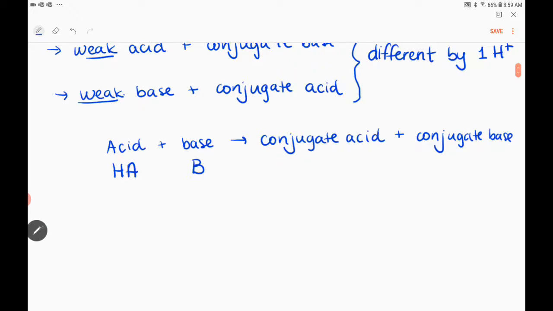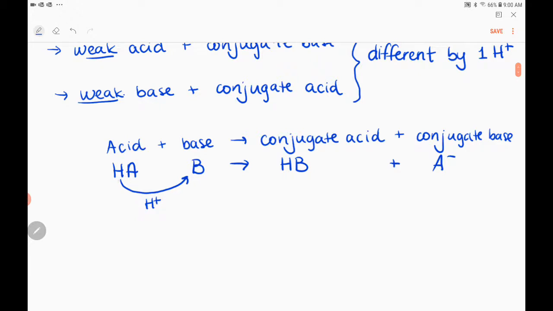Because what's going to happen, the acid is the proton donor, that H is going to go to the B, to the base. So we're going to end up with HB, and after this H plus leaves, you're left with a minus. So we're going to have A minus.